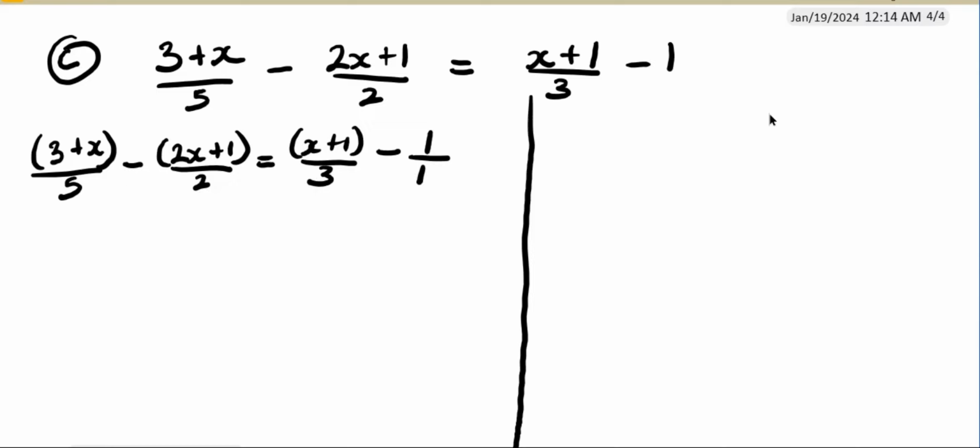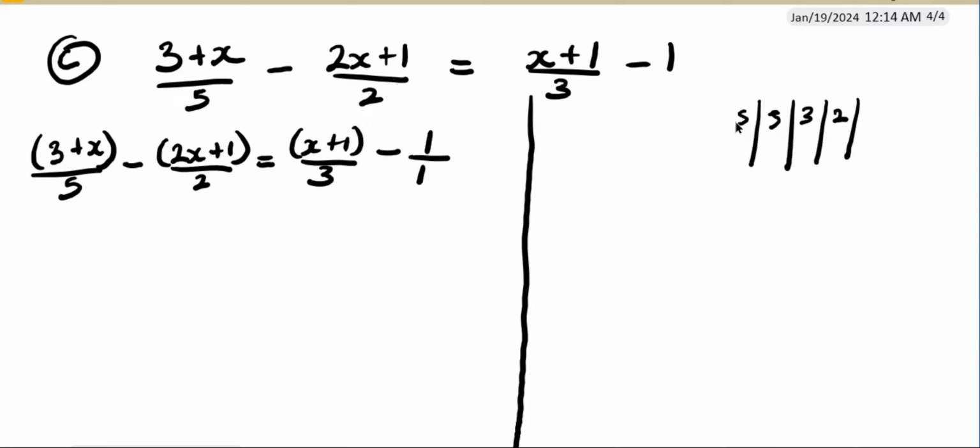Okay, let's solve it out. Like I said before, in LCM, when you have numbers that do not have a common factor, and you are trying to find the LCM, just multiply the numbers.